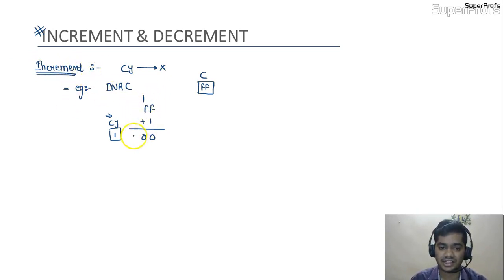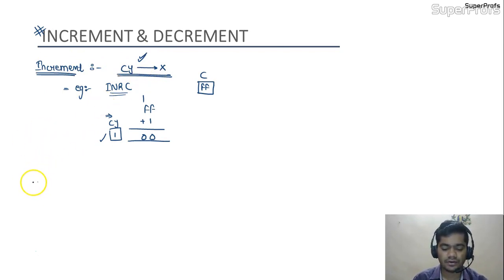This is not an addition. If this was an addition, we would take the final result with the carry generated in the flag register, but here, although we are representing it as an addition process, internally there would be some other way to increment the content of register C. That's why the carry flag would not be affected, and therefore the most important point regarding increment is that the carry flag would not be affected.